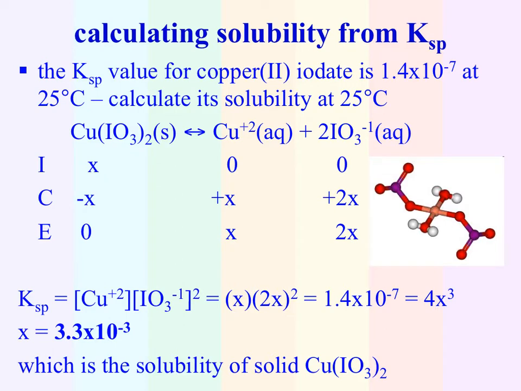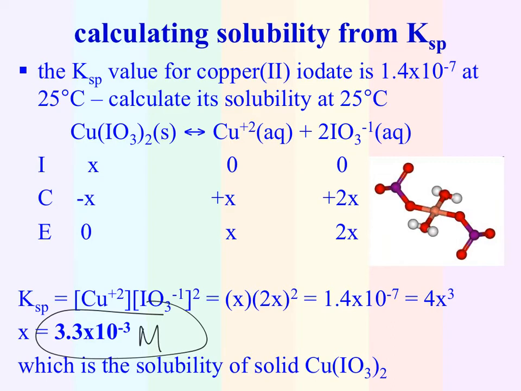So in this case, though, we also want to be looking at this with the appropriate units, right? This is concentration, so our x value is actually going to be a molarity value. And if we wanted to figure out any additional information, like how many grams of copper iodate that is, or how many moles, we could subsequently figure that out based on the knowledge of our solution volume and things of that sort.